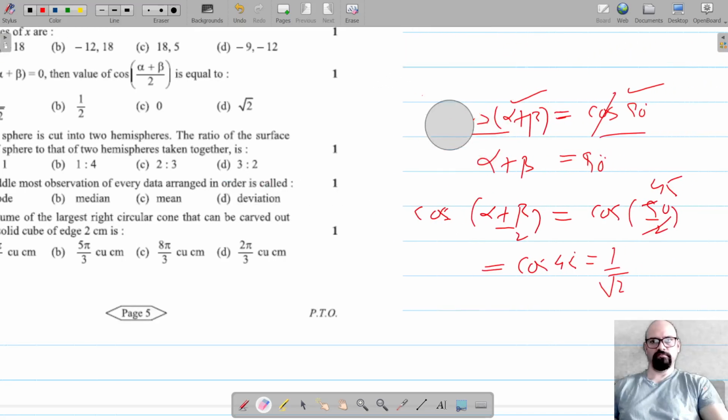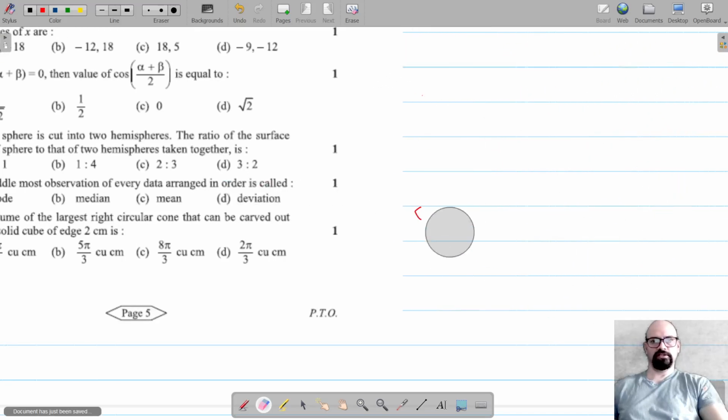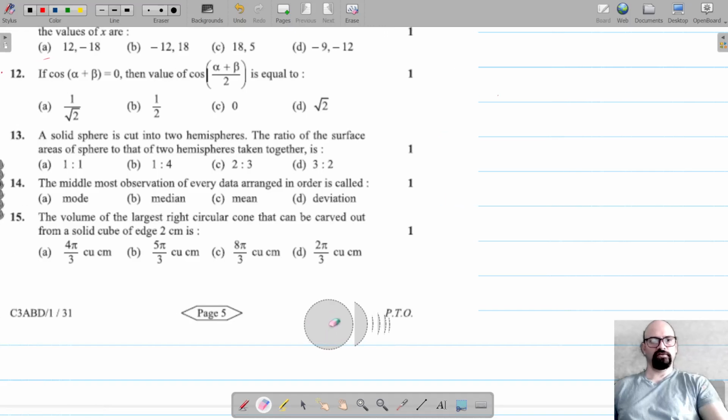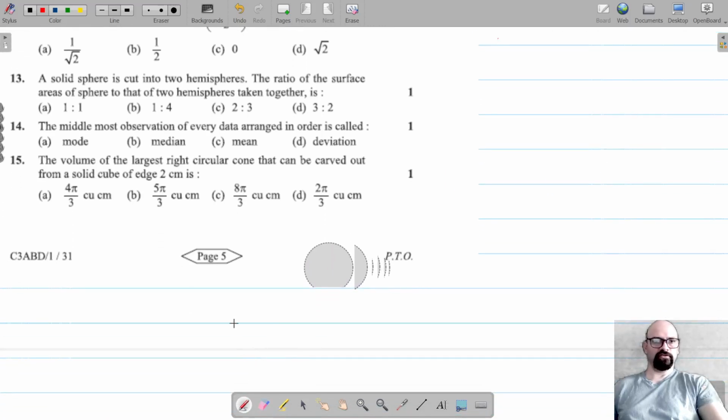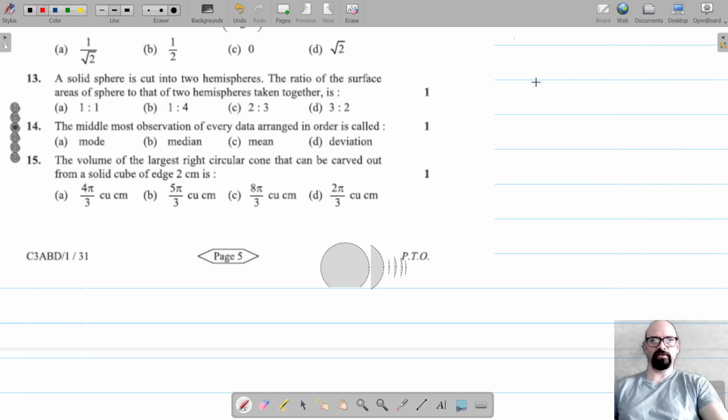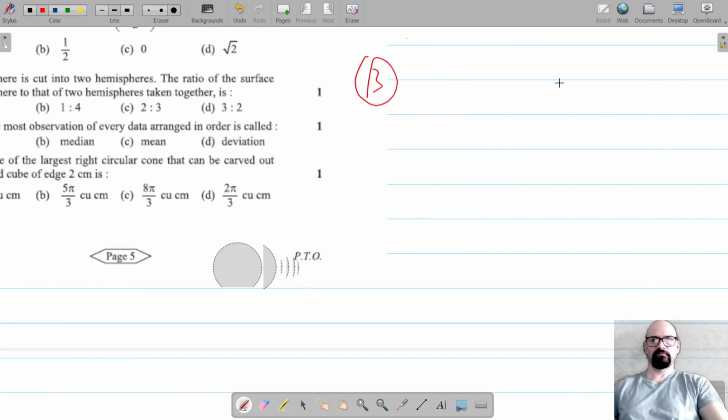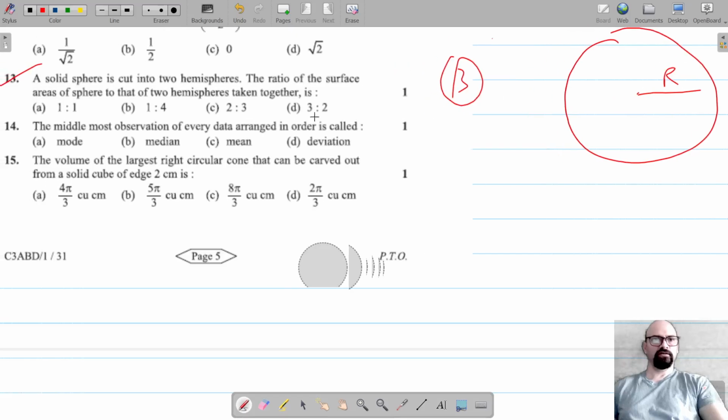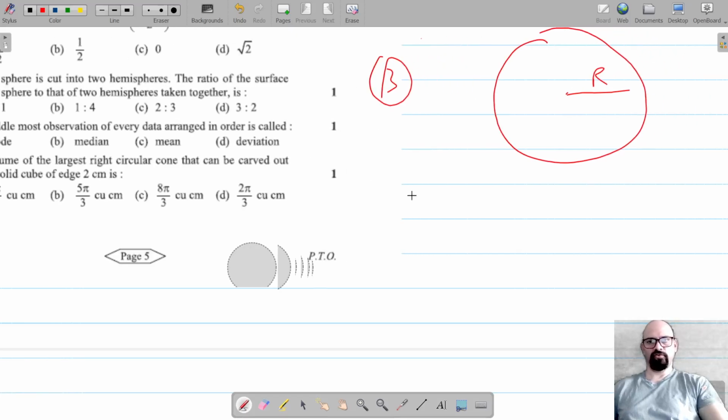Moving on to question number 13. Question number 13 says a solid sphere is cut into two hemispheres. So let's say this is a solid sphere that has the radius r, cut into two hemispheres.